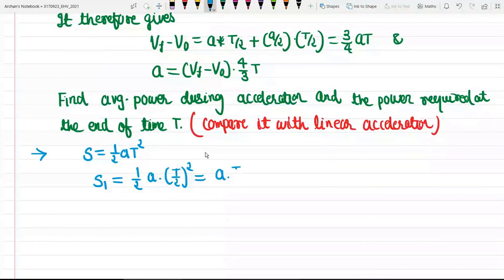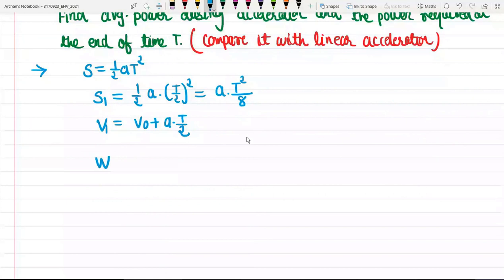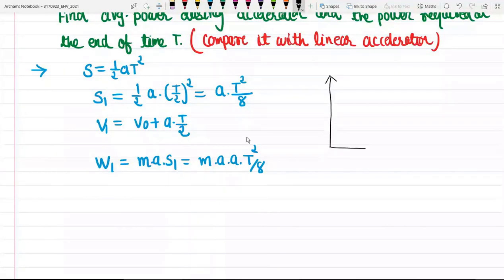And v is equal to v0 plus a into t by 2. The work done is W1 equal to F into s1, where F is equal to m into a, so W1 is m into a t square by 8. This is the work done during 0 to t by 2 seconds.